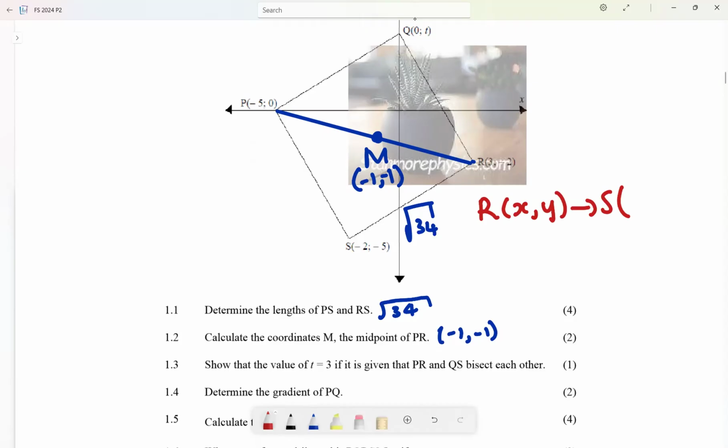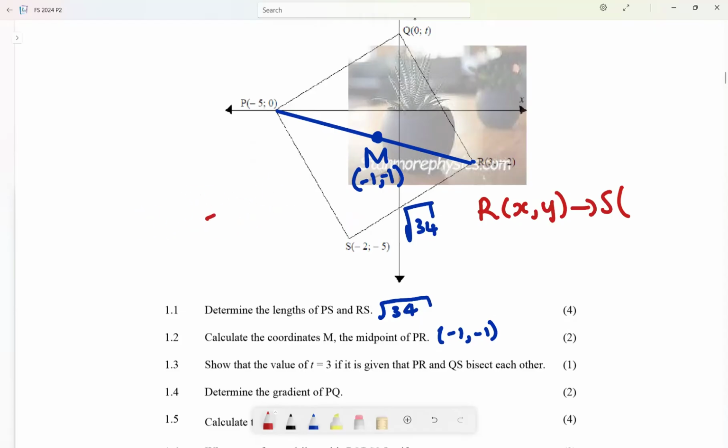Can you see S moved from -2 to 3? So from -2 to 3, what distance is traveled? You can say 3 minus -2, so it is 5.